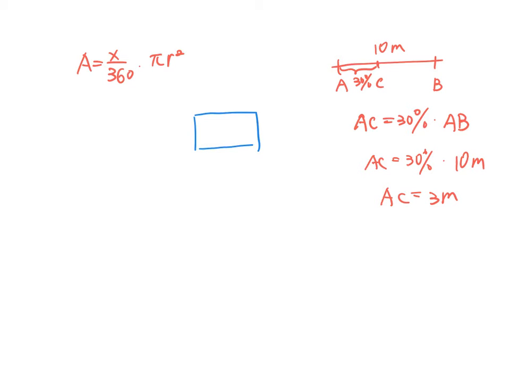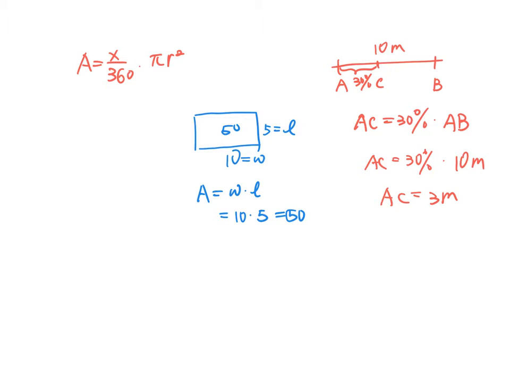If I have a rectangle, I can say this is 10, that's the width, and this is 5, that's the length. The area equals width times length, so the total area equals 10 times 5 equals 50. So the whole thing is 50.